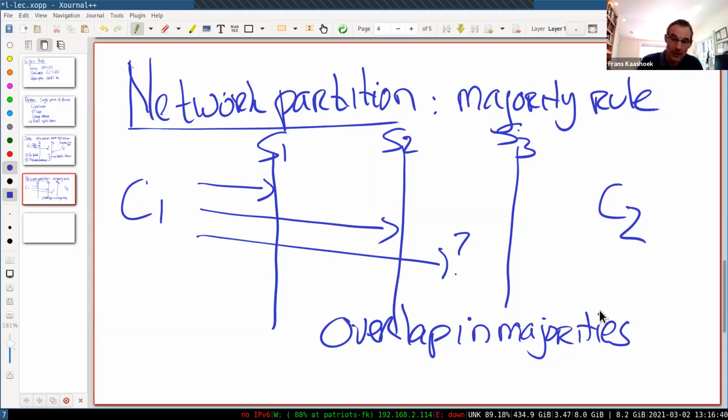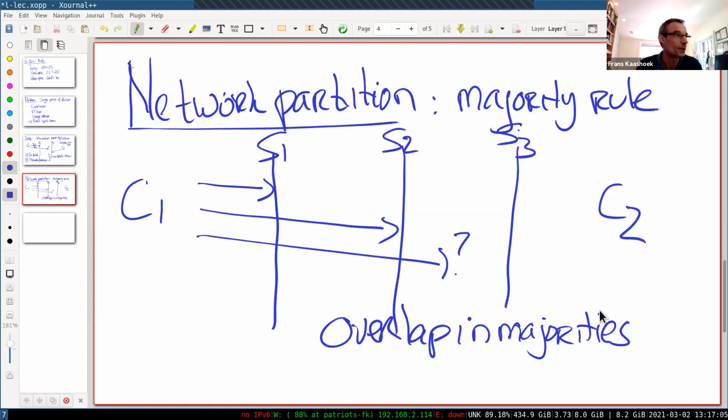Another way to think about this majority business is that if the network partitions, there can be only one partition that has a majority. There can be no other partition that has a majority. And so only the partition that has the majority can proceed.